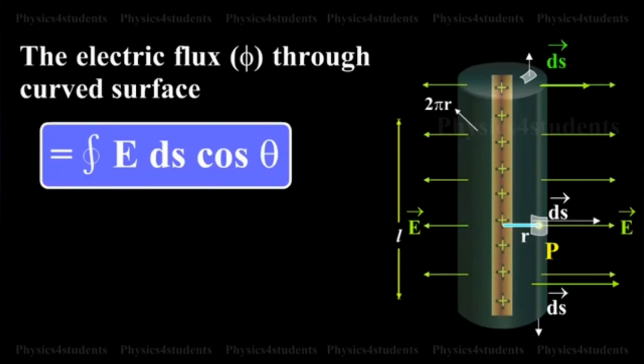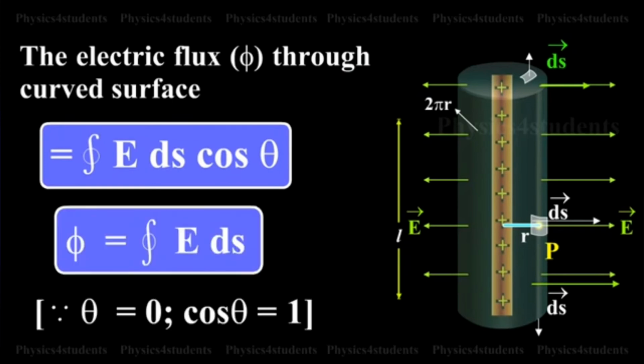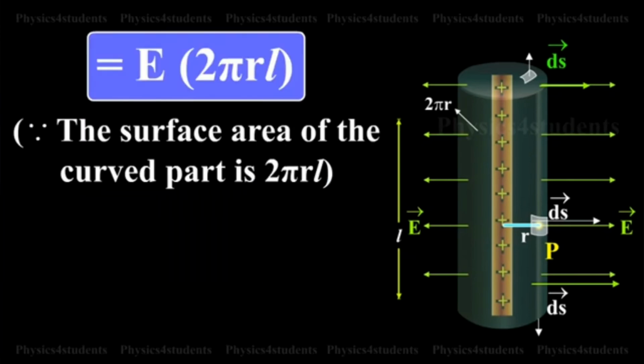The electric flux phi through the curved surface is equal to the integral of E dS cos theta. Phi is equal to the integral of E dS. Theta is equal to 0, cos theta is equal to 1. E is equal to 2 pi RL. The surface area of the curved part is 2 pi RL.